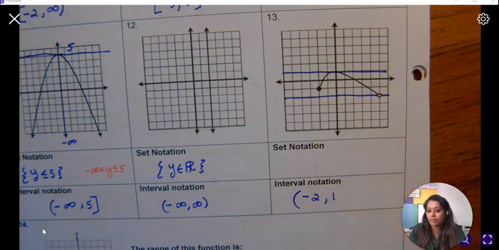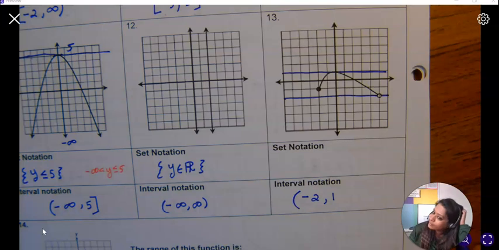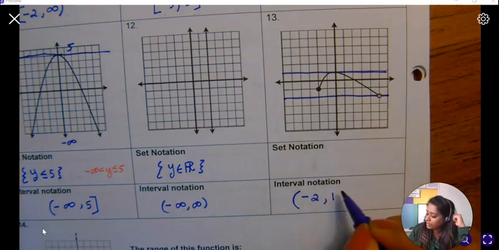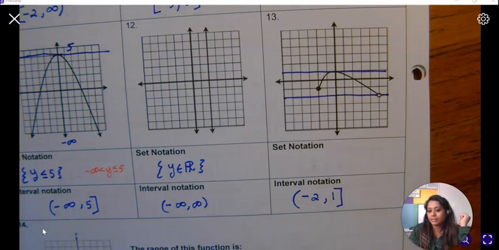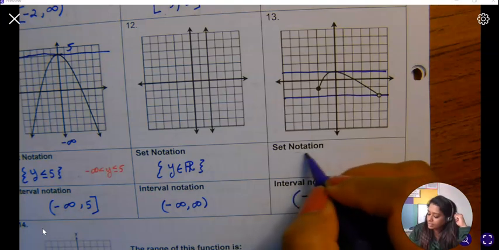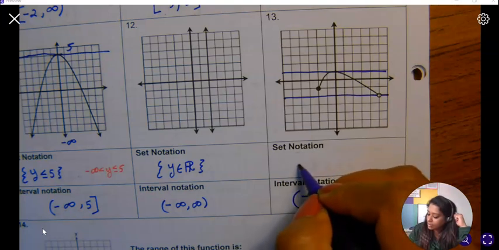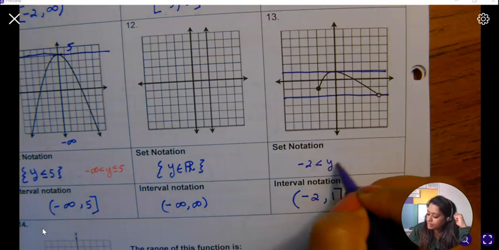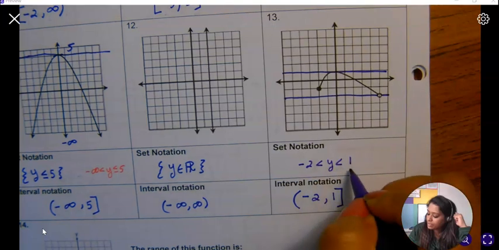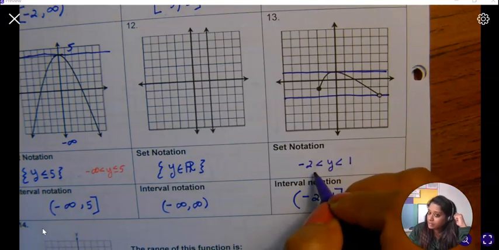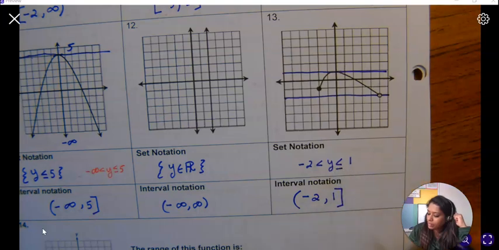So we're going to put an open parenthesis there, and at 1 we're going to put a closed bracket. For set notation, we're going to say y is between negative 2 and 1, but not including negative 2, but including 1. Let me look at it again. Yep, it looks good.